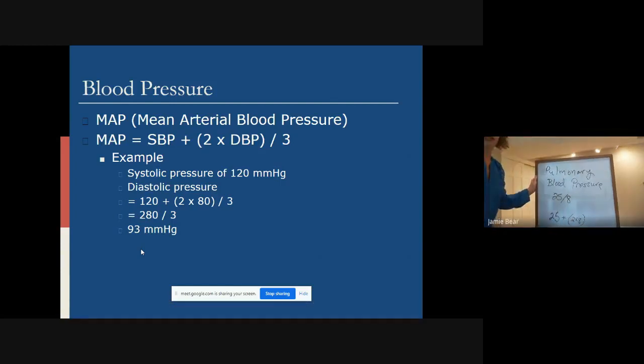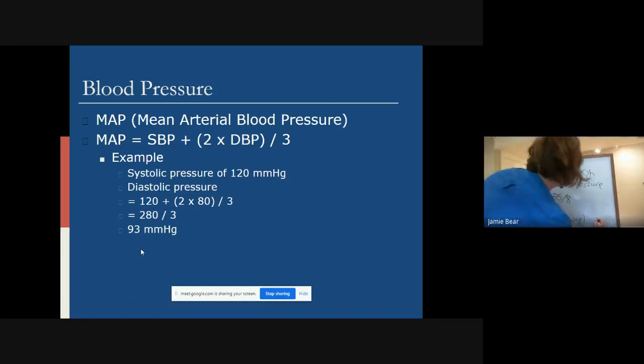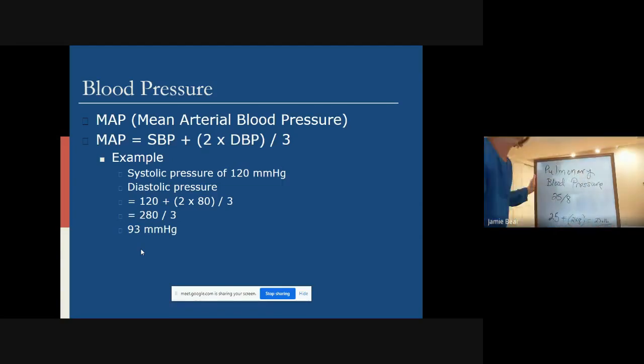So if we want to first look at order of operations, we could say 25 plus 16 divided by 3. And if we do that, we'll take our calculators here. (25 plus 16) divided by 3, and we get 13.6.